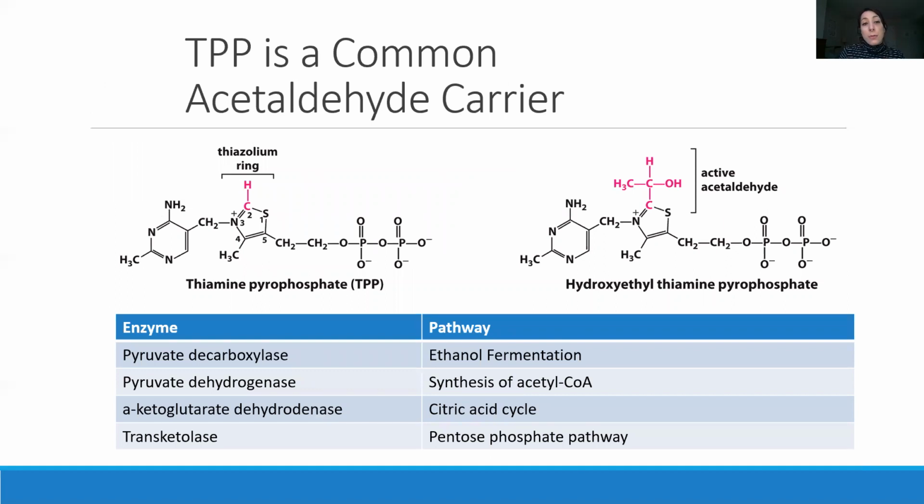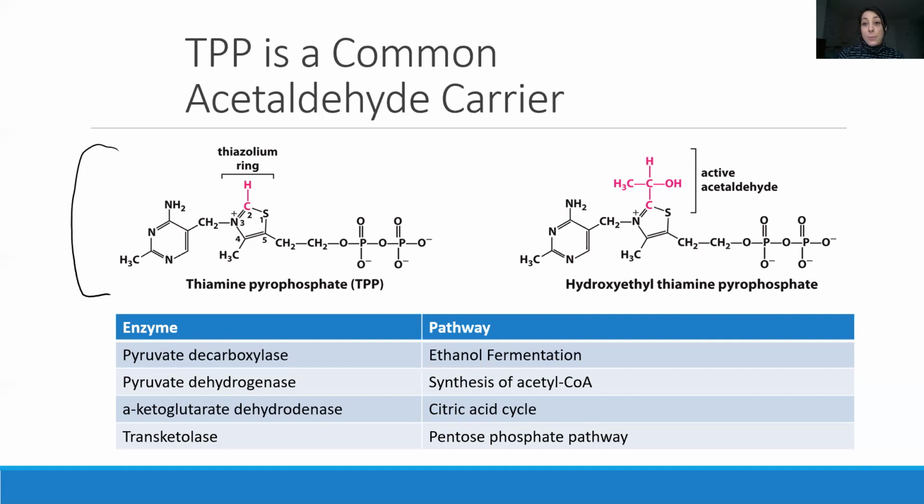Okay, one of the first coenzyme pieces that is acting in this reaction is called TPP. This is thiamine pyrophosphate. Here is its structure. You can see on the left is its structure.